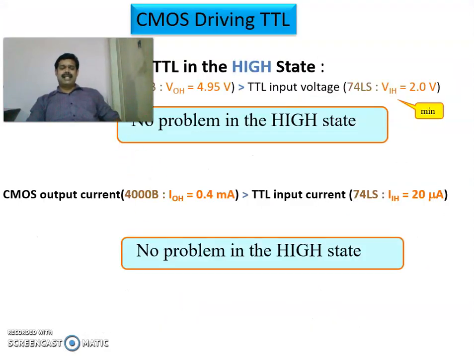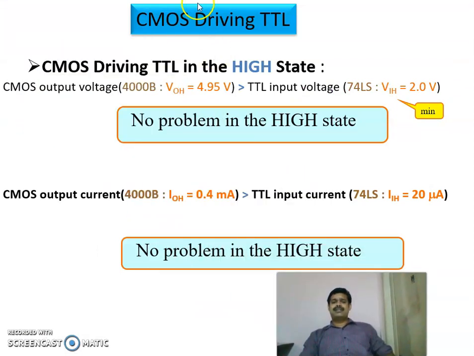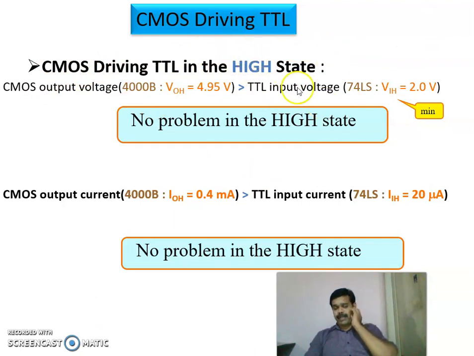So the next case is CMOS driving TTL. Initially we studied TTL driving CMOS, and now we are coming to CMOS driving TTL in the high state. High state means the output voltage is 1.